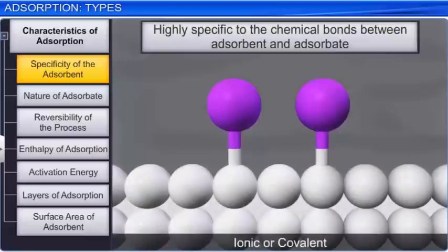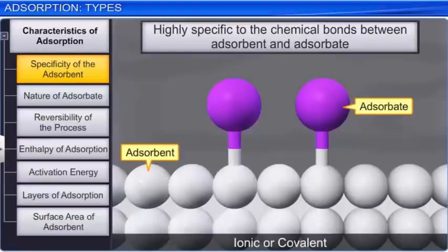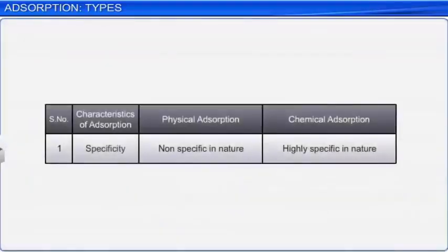However, chemical adsorption is highly specific and will occur only when an ionic or covalent bonding is possible between the adsorbent and the adsorbate. Therefore, we can infer that while physical adsorption is not specific in nature, chemical adsorption is highly specific.